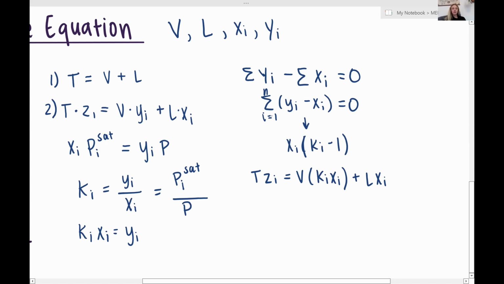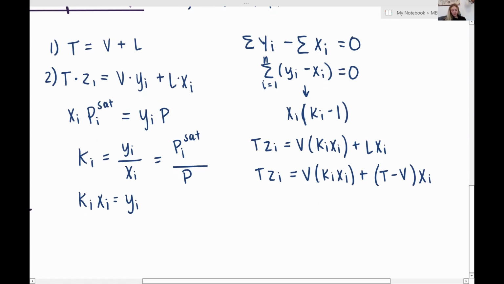To lessen this amount of unknowns, we can use equation 1 to make a substitution for L. So we'll get that T zi equals V Ki Xi plus T minus V times Xi. Next, what we can do is factor out our Xi.